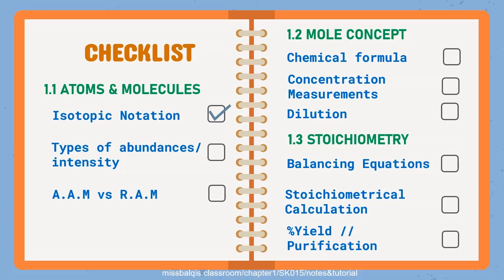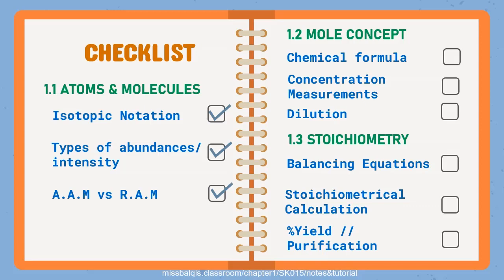They are percentage abundance, decimal point abundance, and also ratio abundance. And then from the abundances, you get to calculate the average atomic mass and also relative atomic mass. The only difference between this average and relative mass is one has a unit, one has no unit, because they already relate it to the 1/12 of the carbon 12 mass.